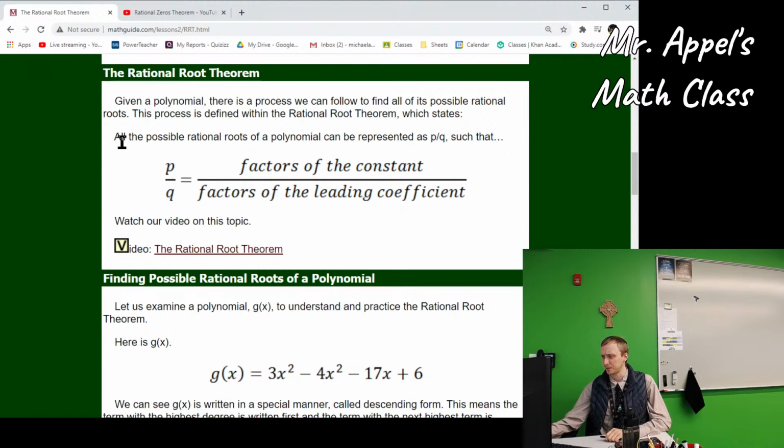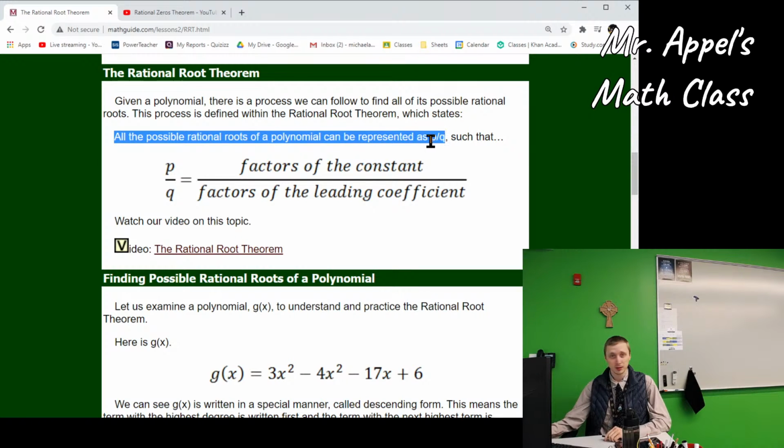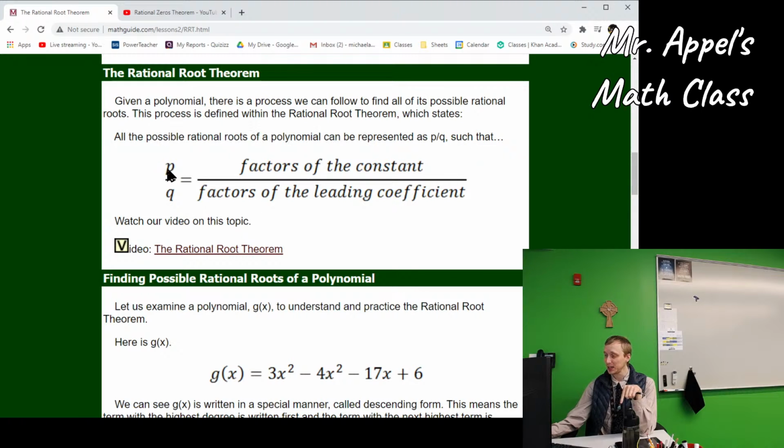And that says this: all the possible rational roots of a polynomial can be represented as a single fraction p over q, such that p is all the possible factors of the constant, and q is all the possible factors of the leading coefficient. Okay, write this down right here. Factors of the constant divided by factors of the lead coefficient.